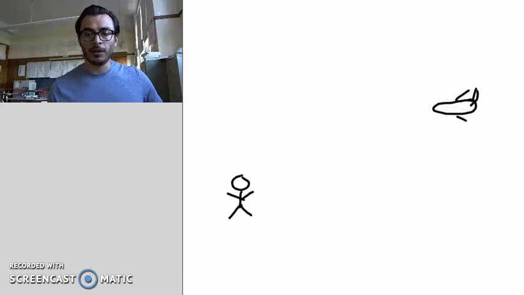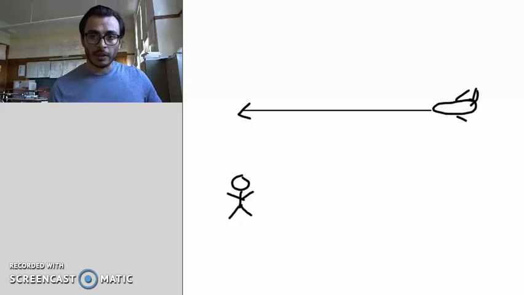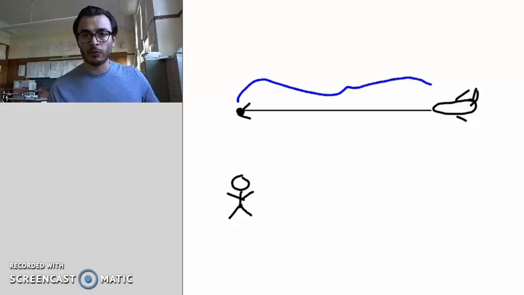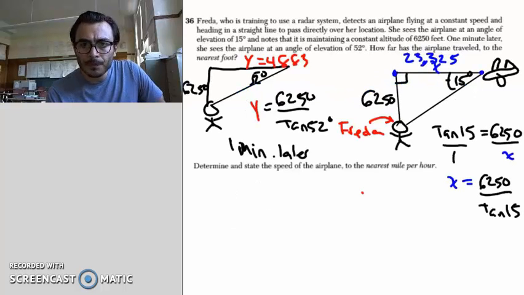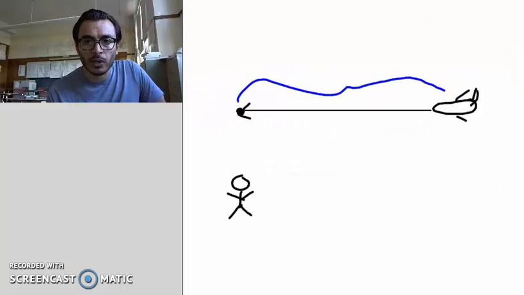You've got an airplane, and the airplane's flying towards Freda, flying horizontally. Initially, the distance from the airplane to this point was that first number we calculated. Remember what it was? 23,325.